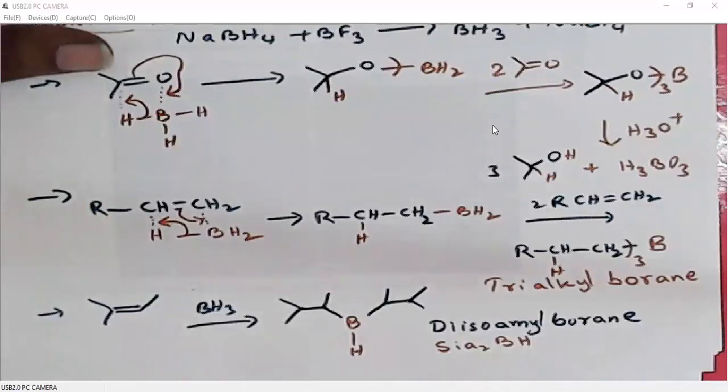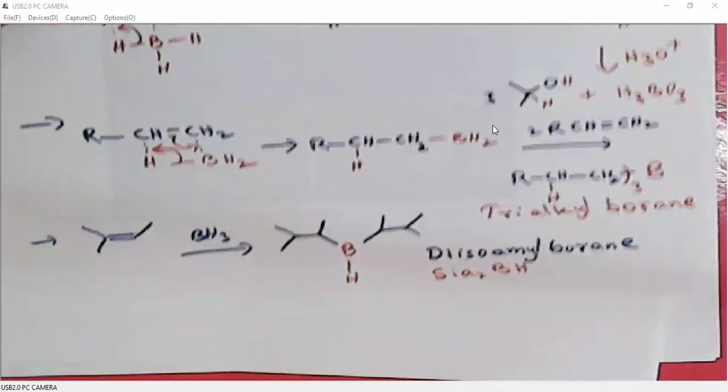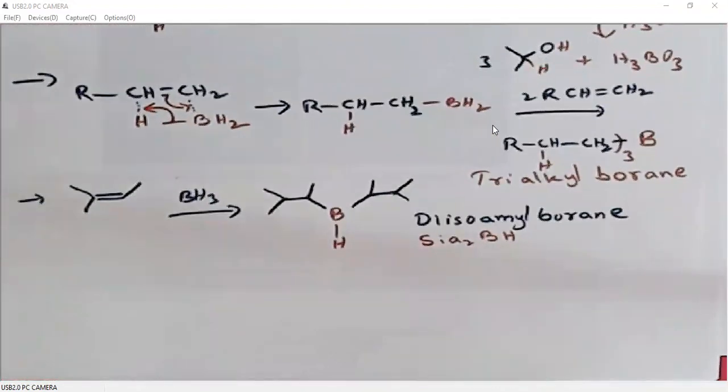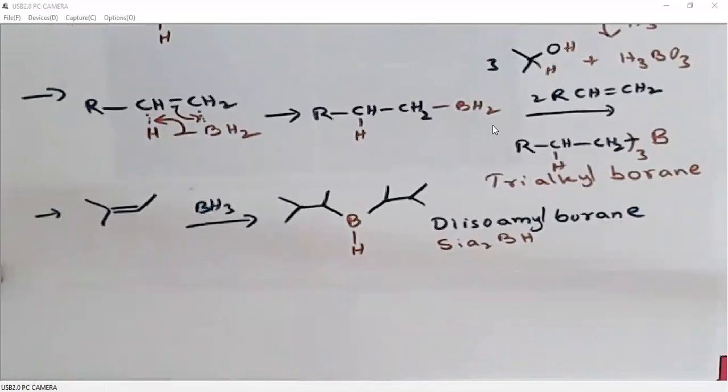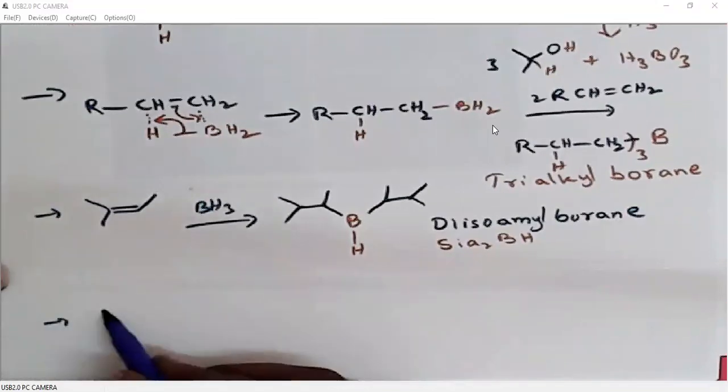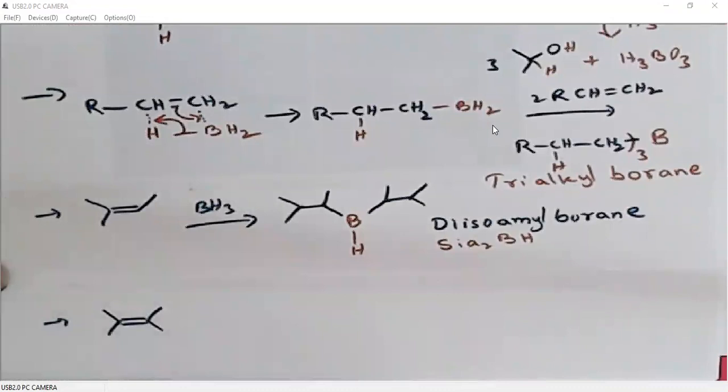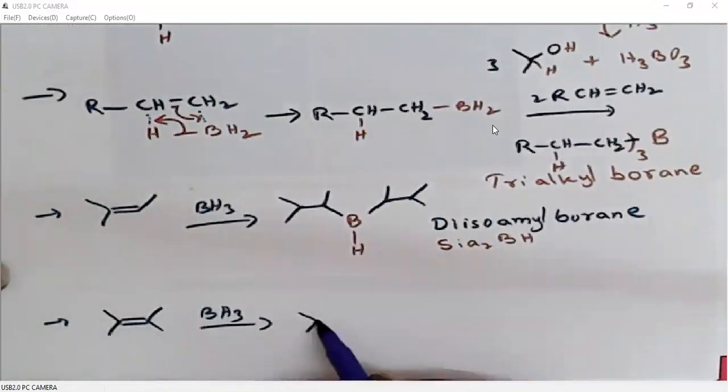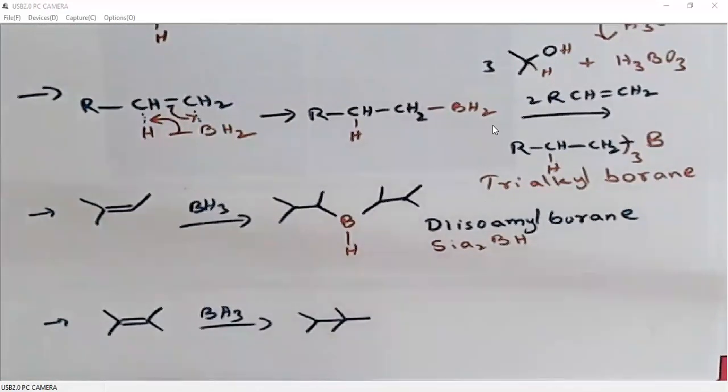I'll just give you one more example for today. If we have a tetrasubstituted alkene, it is more sterically crowded than this double bond. So when we use borane to reduce this, it is only possible to have monoalkylation.